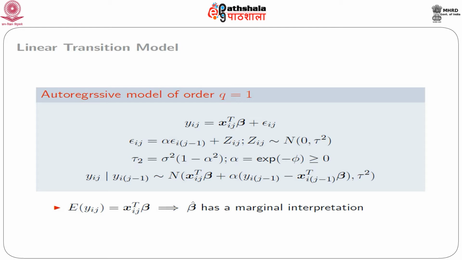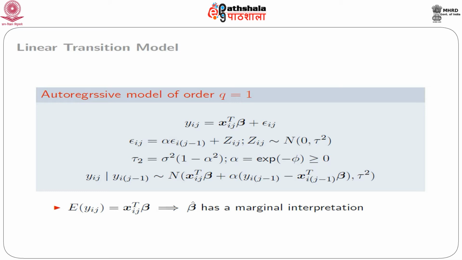So, here what happens, y_ij is x_ij transpose beta plus epsilon_ij, the normal linear model, but epsilon_ij is modeled as alpha times epsilon_i,j-1 plus z_ij, where z_ij is the white noise process or the random error following IID normal 0, tau square, and then tau square comes out to be sigma square into 1 minus alpha square, where alpha is exponential of minus phi, and that's greater than or equal to 0.